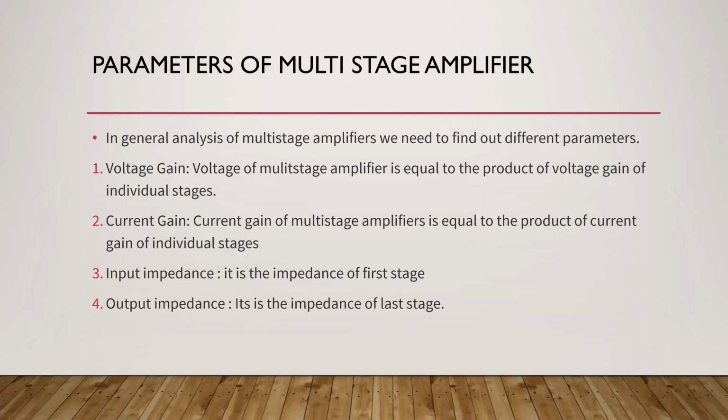Now let us see the parameters that are to be kept in mind while designing a multi-stage amplifier. What are the optimum conditions we have to obtain from a multi-stage amplifier? In general analysis of multi-stage amplifier, we need to find different parameters. First parameter is voltage gain. The voltage gain of multi-stage amplifier is equal to the product of voltage gains of individual amplifiers.